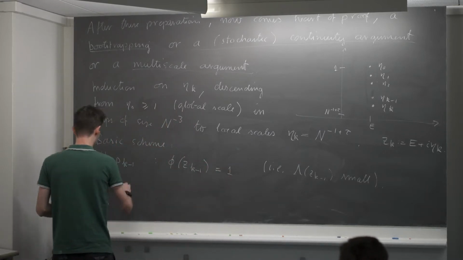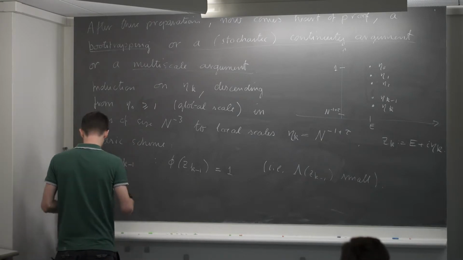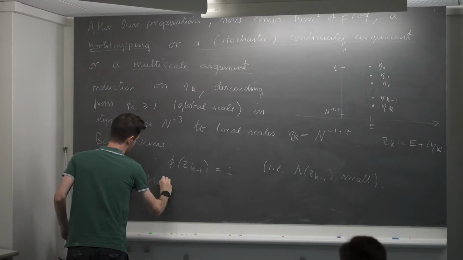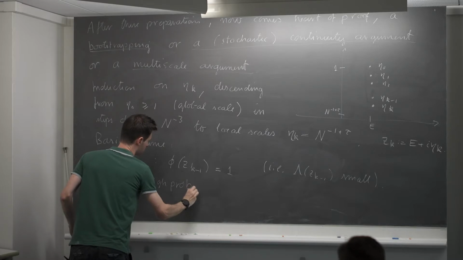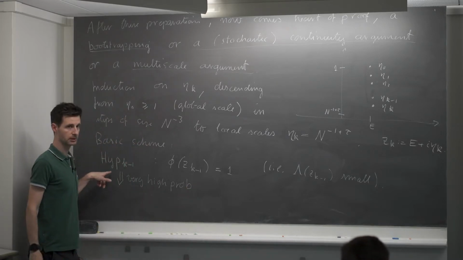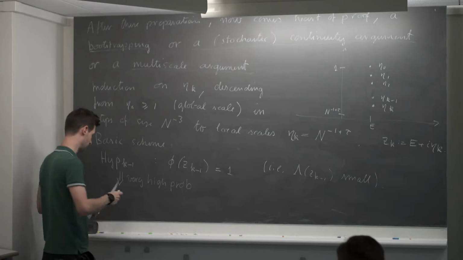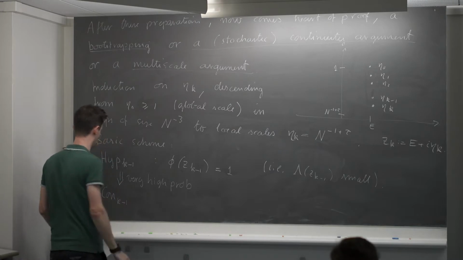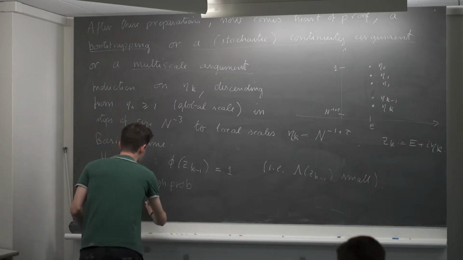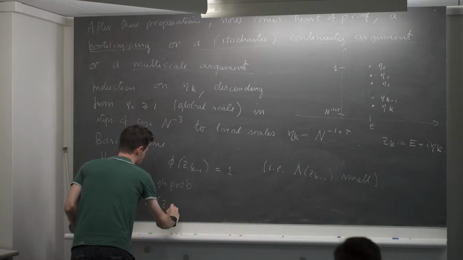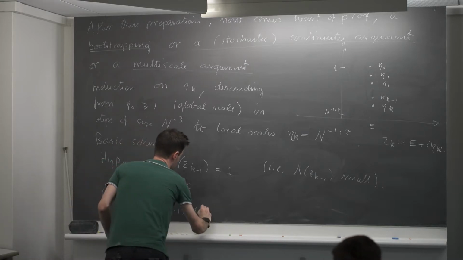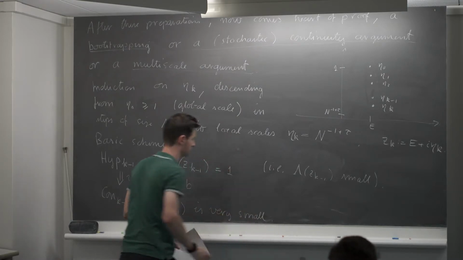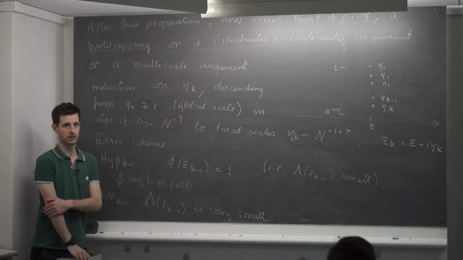And then we will prove, with very high probability, so these implications I write are not true deterministically. They will be true only with very high probability. I will get what I call a conclusion at k minus 1, which is that this guy is very small. In fact, we'll prove it's bounded by psi.